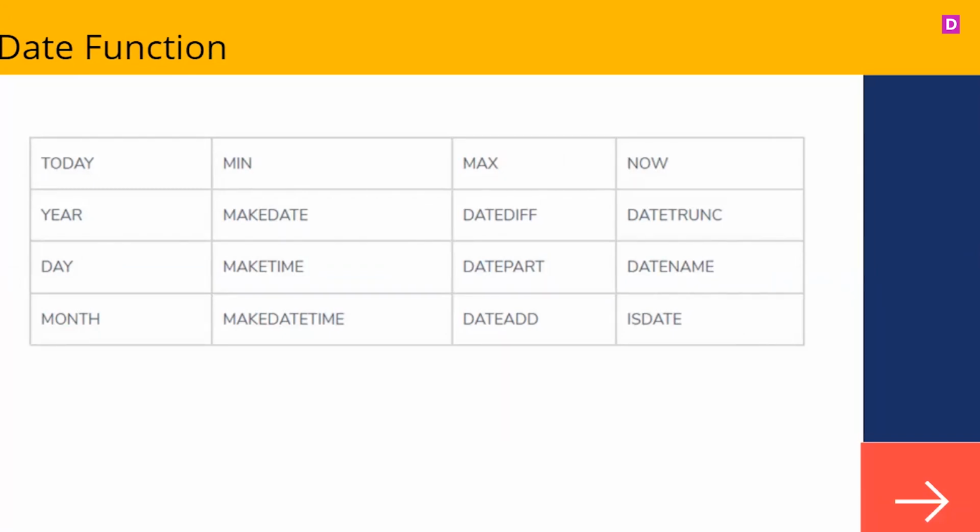There are a lot of functions in date, such as today, year, day, month. These are some of the functions available in Tableau to help you whenever you want to perform conversions on hours or similar things.